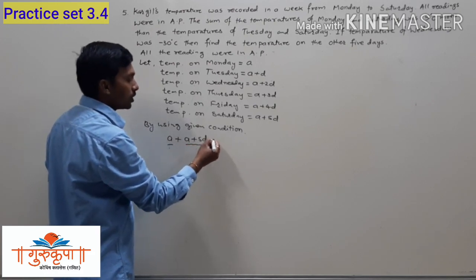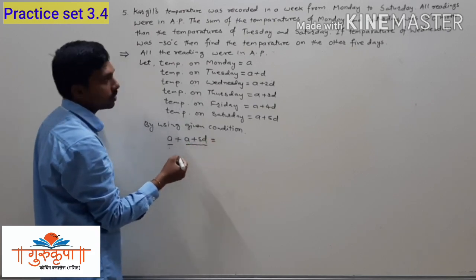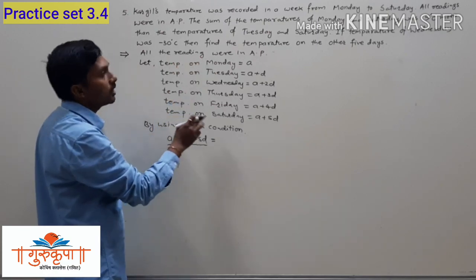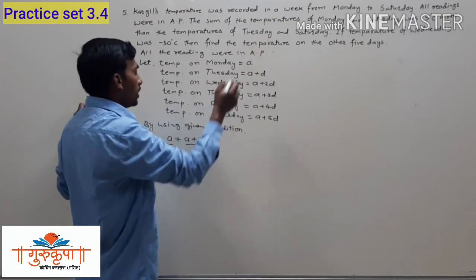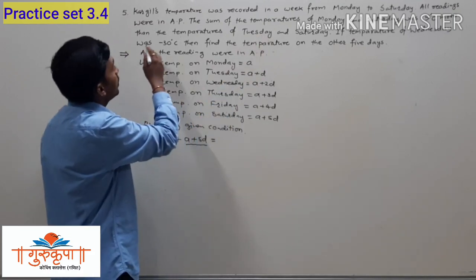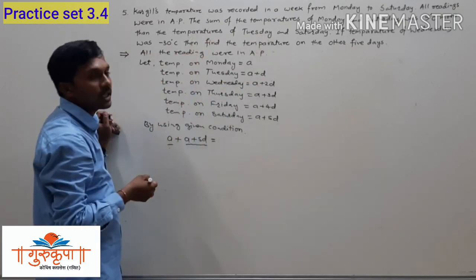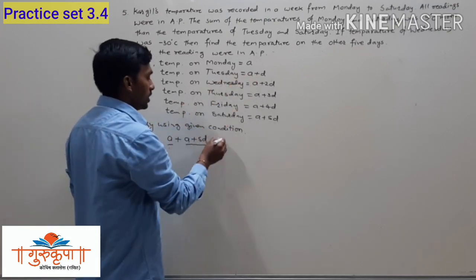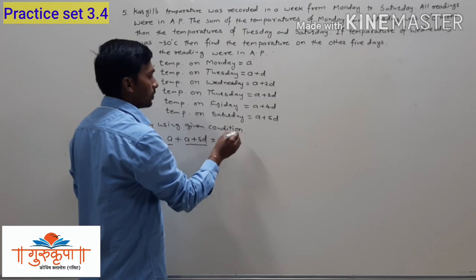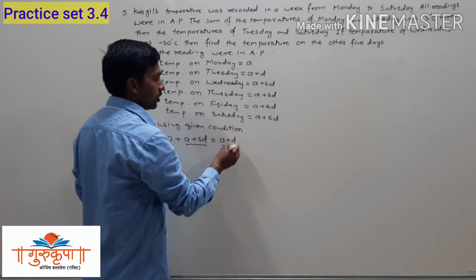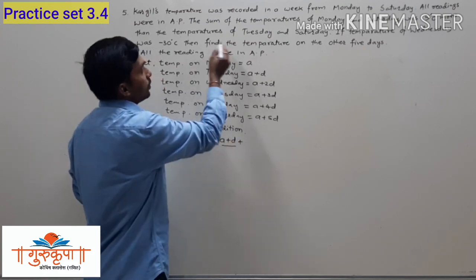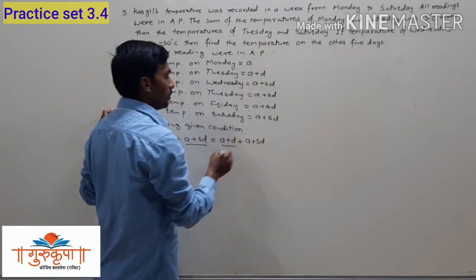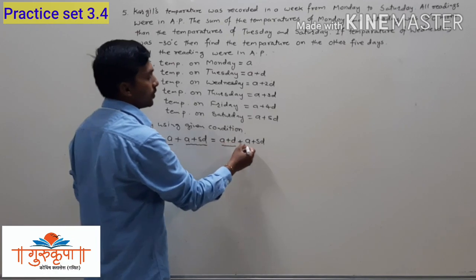The sum is equal to 5 degrees Celsius more than the temperatures of Tuesday and Saturday. Here the temperature on Tuesday is A plus D, plus temperature of Saturday is A plus 5D.